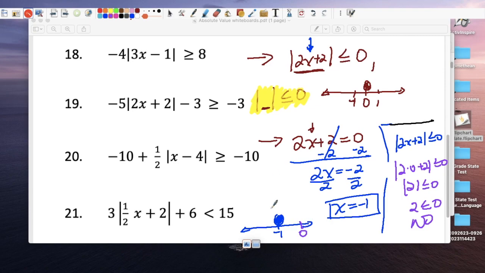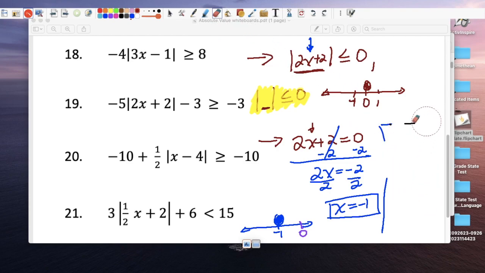And again, you can keep playing with numbers. Take -0.99, take 1, 2, 3, 4, 5, and then take numbers to the left. You'll see that they don't work. So this is a pretty different problem, a very unique problem.